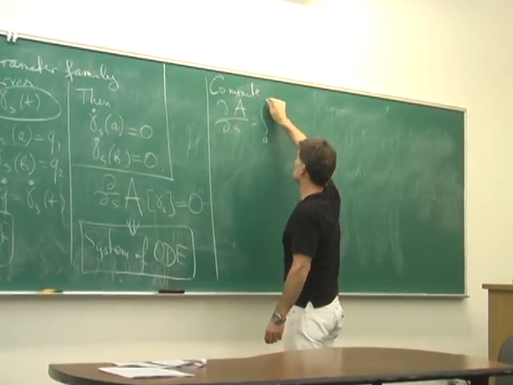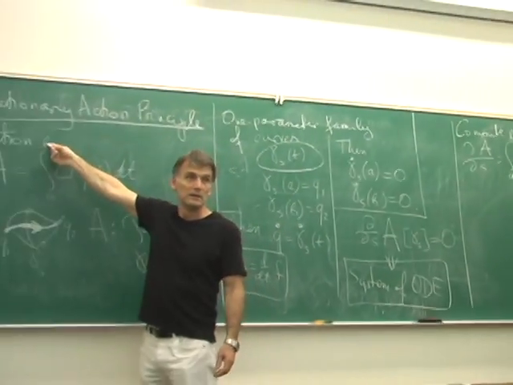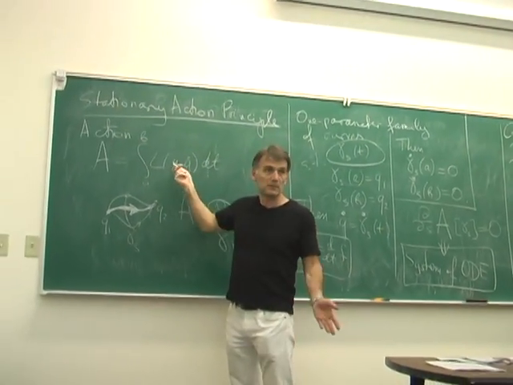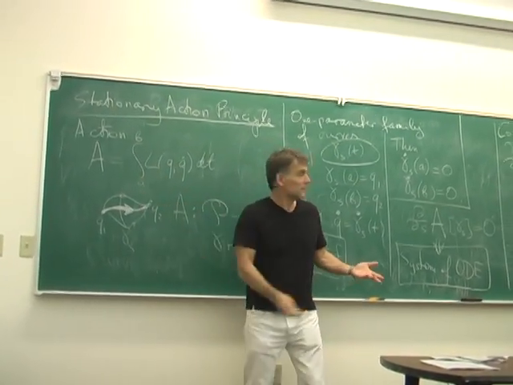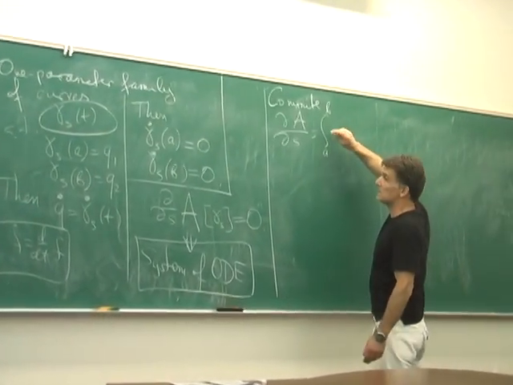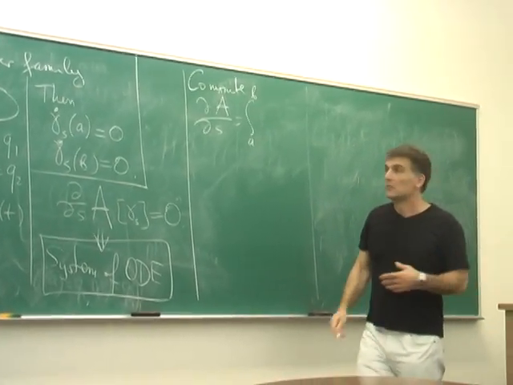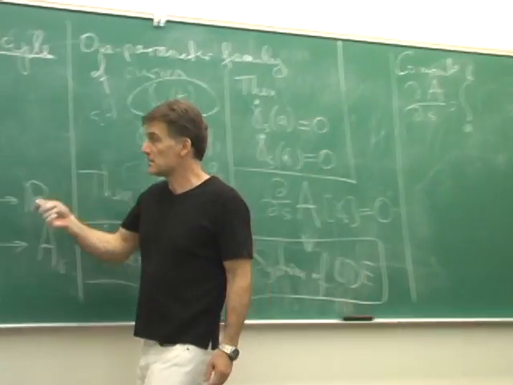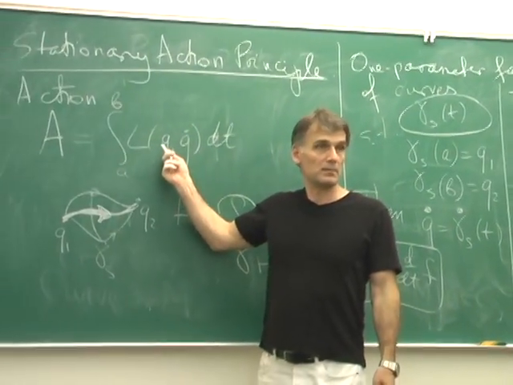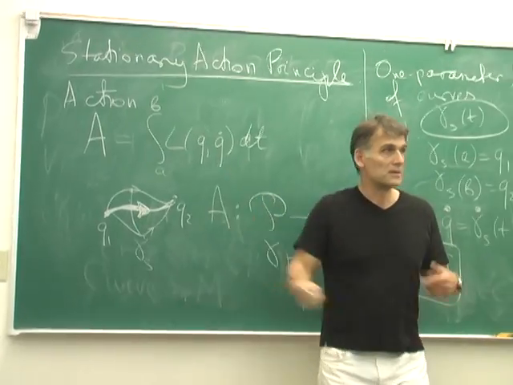That's an integral that depends on the parameter s, so I can differentiate it. So what do I get? You need to use the chain rule, right? I want to compute the derivative of L, the Lagrangian, with respect to s. But L does not depend on s explicitly, it only depends on it implicitly through these functions, the coordinates and the velocities.